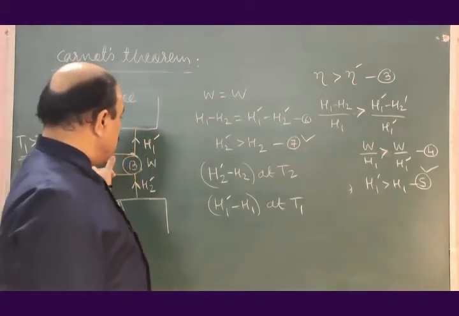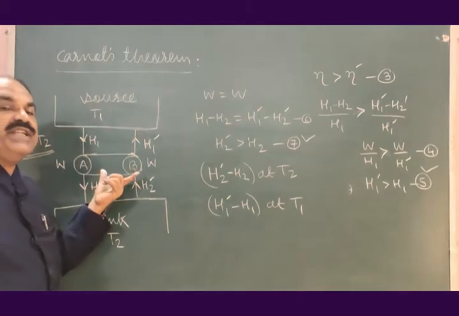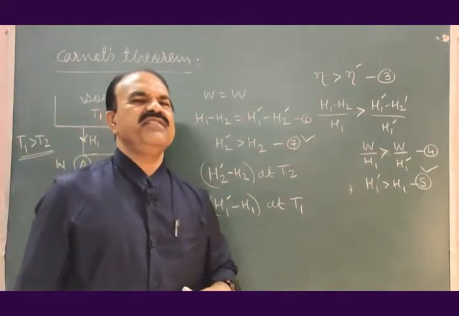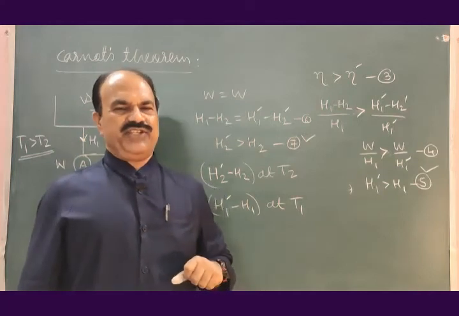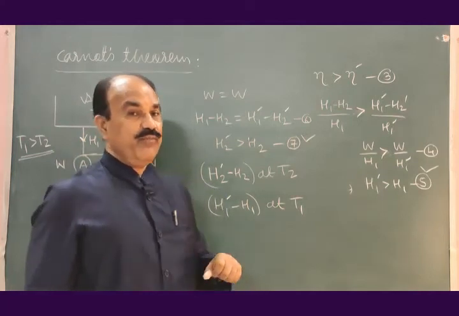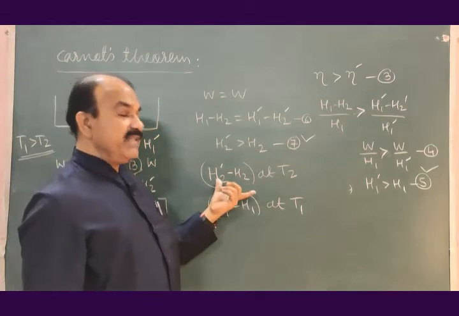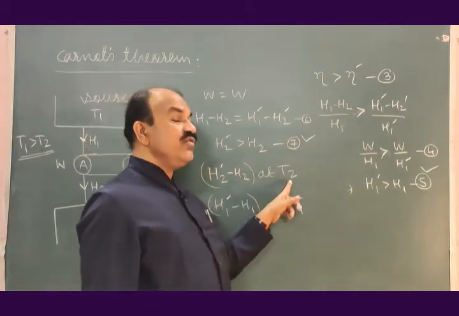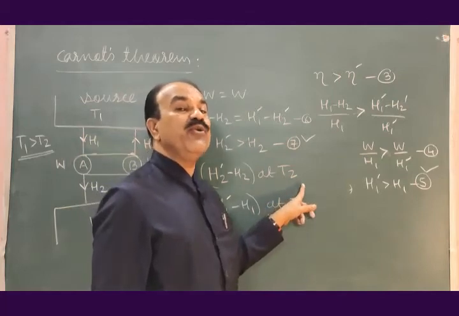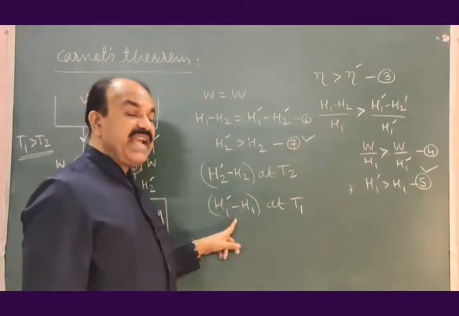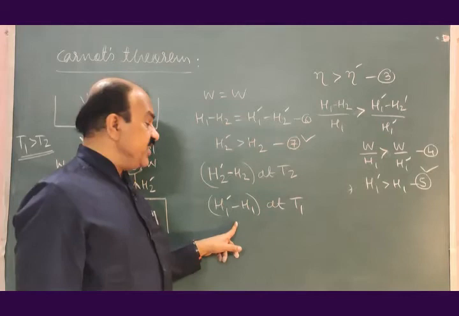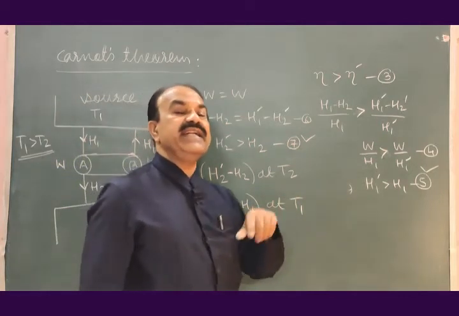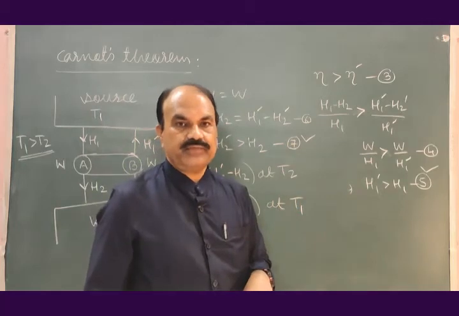This coupled system is acting as a refrigerator. It is acting as a fridge. And therefore, this coupled system takes heat energy H2 dash minus H2 from the sink at lower temperature and rejects heat energy H1 dash minus H1 to the source at higher temperature.